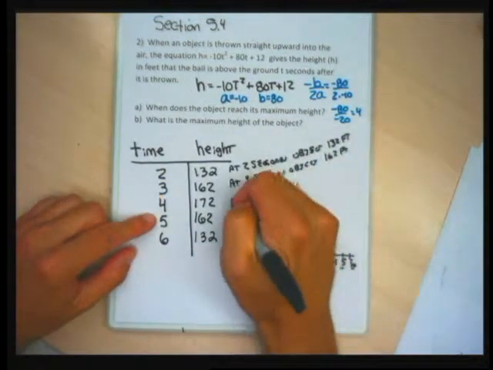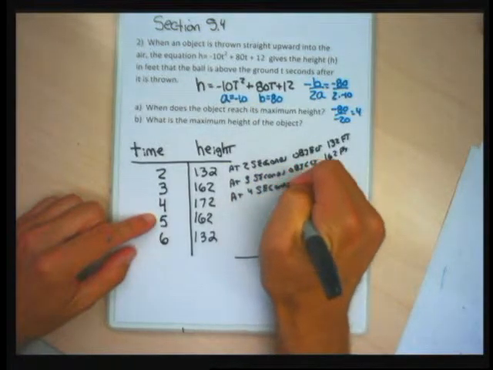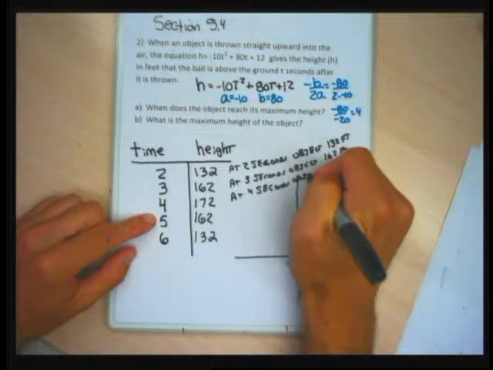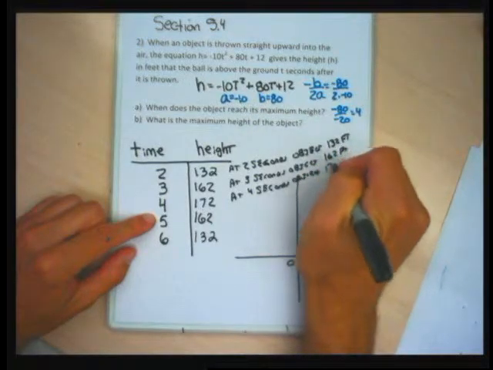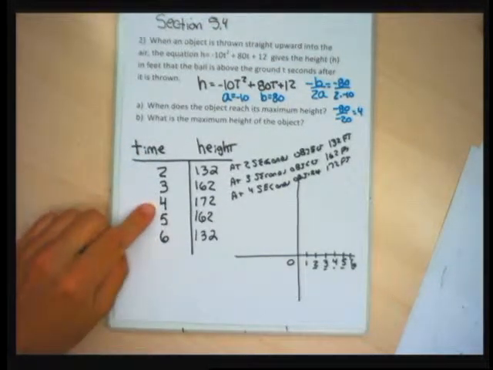The third point, at 4 seconds, the object is 172 feet, and so forth. Just by having this table in front of me, I can tell the vertex is a maximum point.